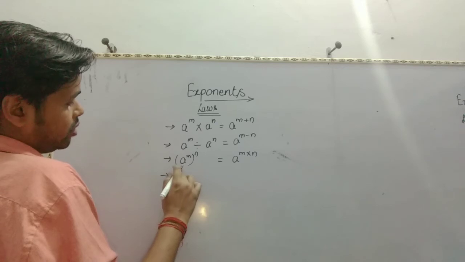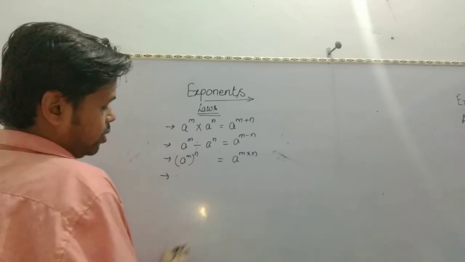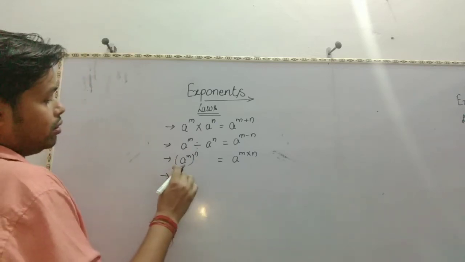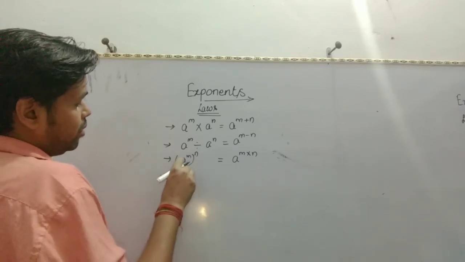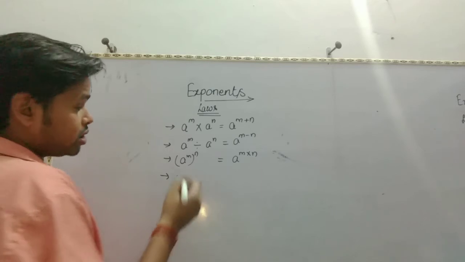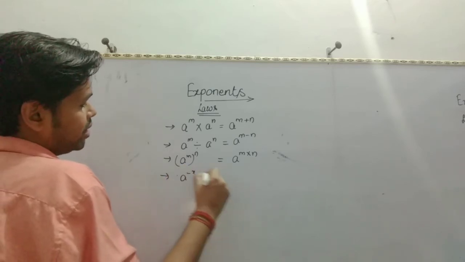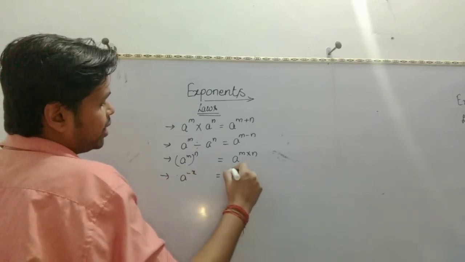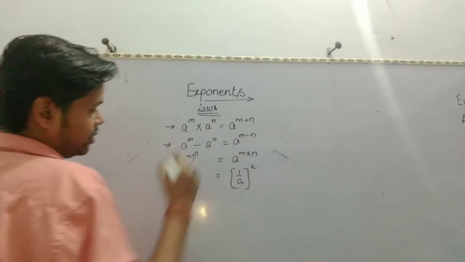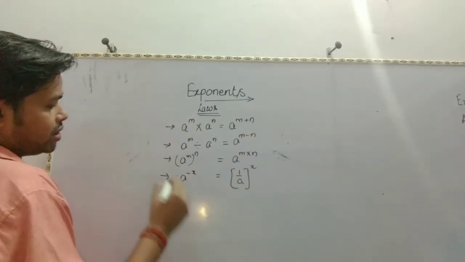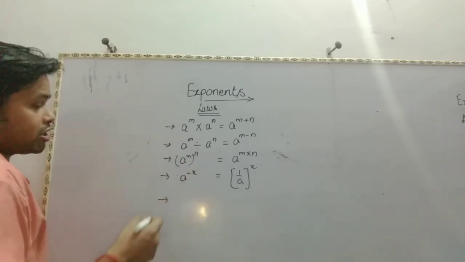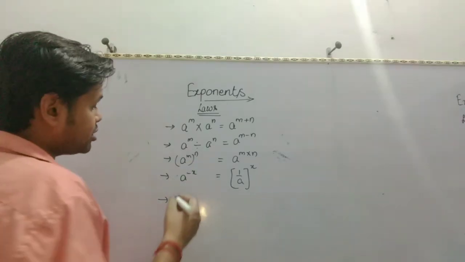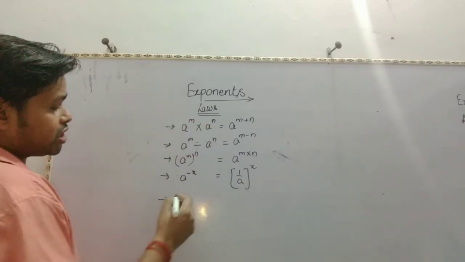Next is, if we are having a negative power and we are required to convert it into positive, the base must be written in its reciprocal form. Then the power will be written in its positive form. That is, a to the power minus x gives you 1 by a to the power x. After that, the distributive property of these exponents, that is, the exponents are distributive over multiplication and division.